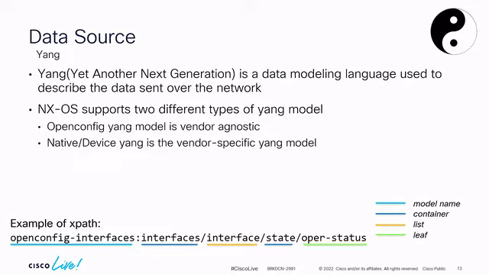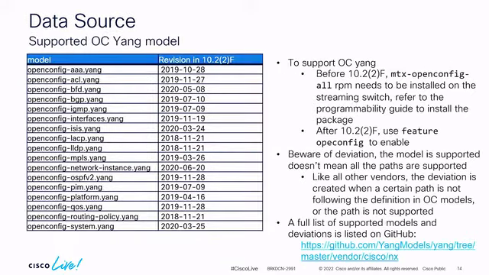And you specify which model it is, and in the model, which container, and eventually which leaf it is. So this is how you're addressing the metric you want to stream from NXOS or from any device because it's OpenConfig. So in Cisco NXOS, you don't have to pay attention to this one, but I just want to list it here.